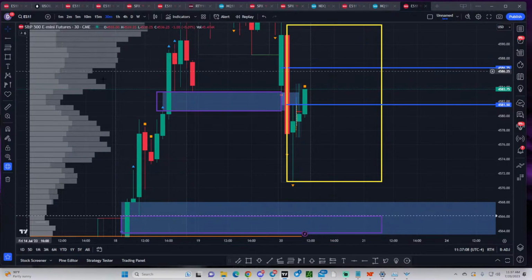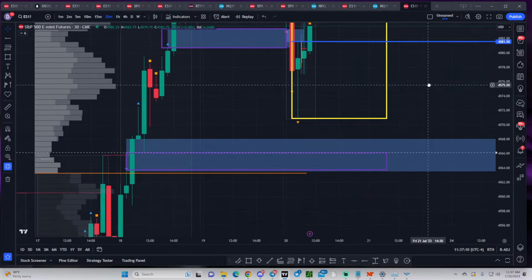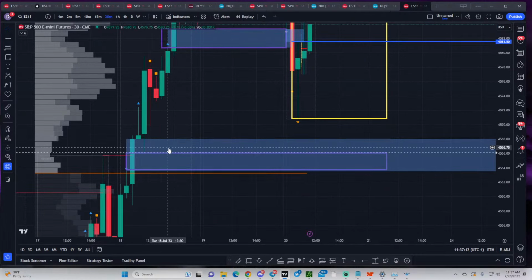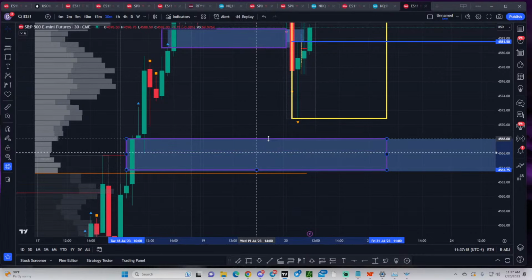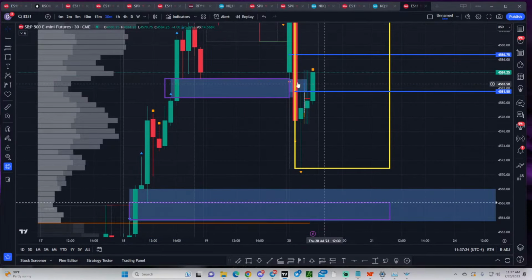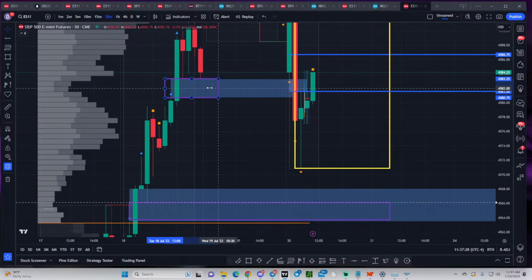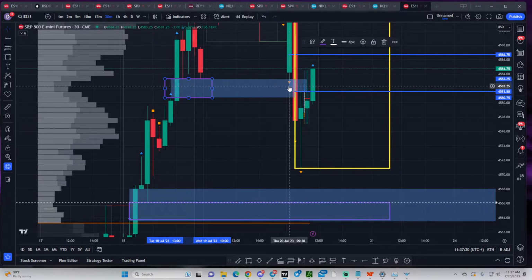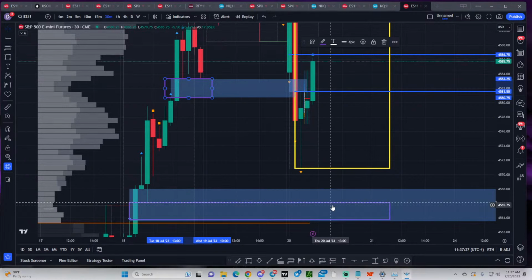So I manually located the fair value gaps and you saw them. This one happens to be a little bigger because it will only go away when it's mitigated. If it's not mitigated 100%, it will be there. You can see how this blue zone stopped right here. And wow, NQ is on repeat mode.